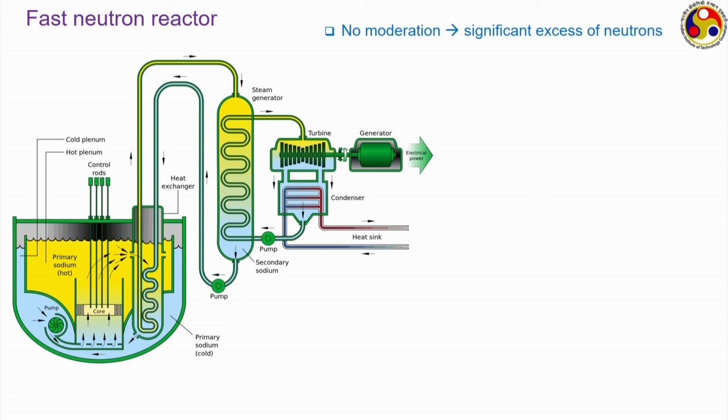Moderators can also eat up some amount of neutrons, and that portion is not present. Also, as the neutrons are not going through any kind of scattering or slowing down process, they are not likely to enter the resonance absorption zone. So, there will be no resonance absorption as well. That is why fast neutron reactors have significant excess in terms of neutrons.